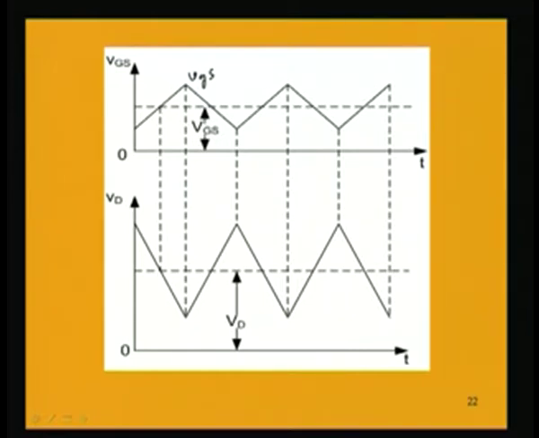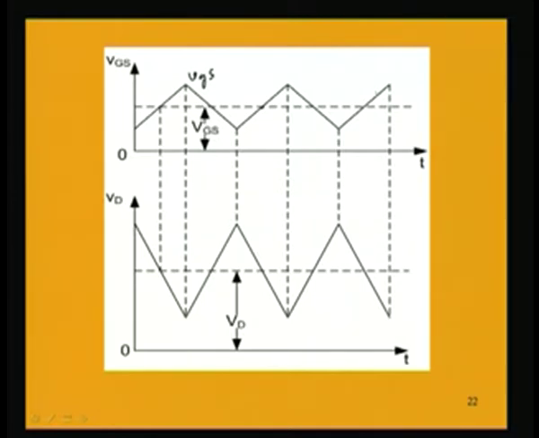So, starting from this DC value, it is rising because we are applying a triangular voltage. It will be rising in this fashion of a triangular wave, rising and then falling. So, this will be the profile of the instantaneous voltage between gate and source.